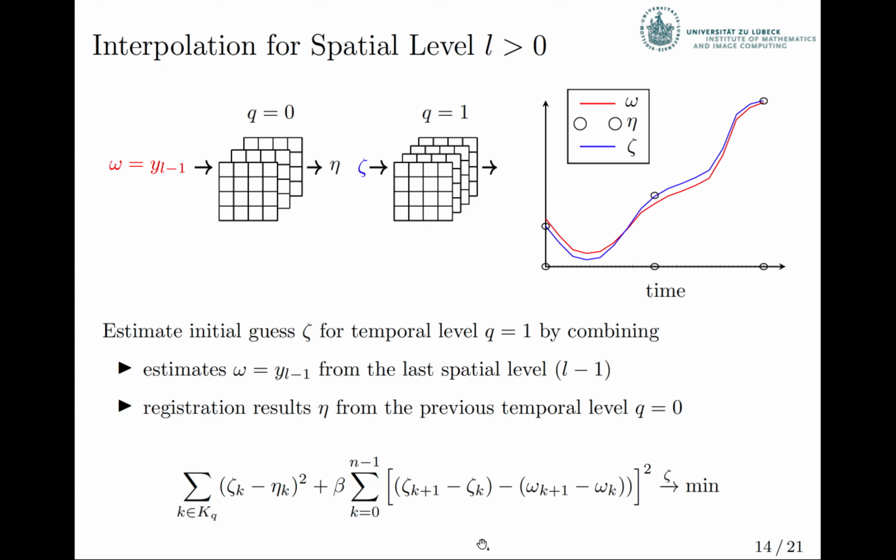The second part of this least square problem tries to incorporate that the first order derivative of the red curve is close to the first order derivative of zeta. That's how we solve this least square problem to estimate zeta. Then we register the 4 images and get a new estimate. And again, we solve the linear least square problem. That's how we improve our deformation field estimate.